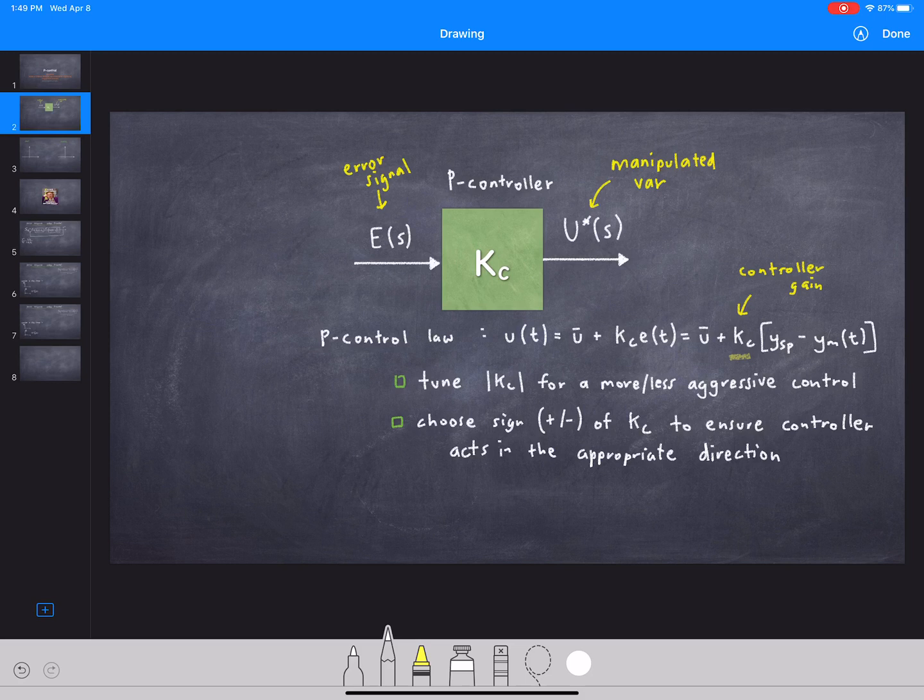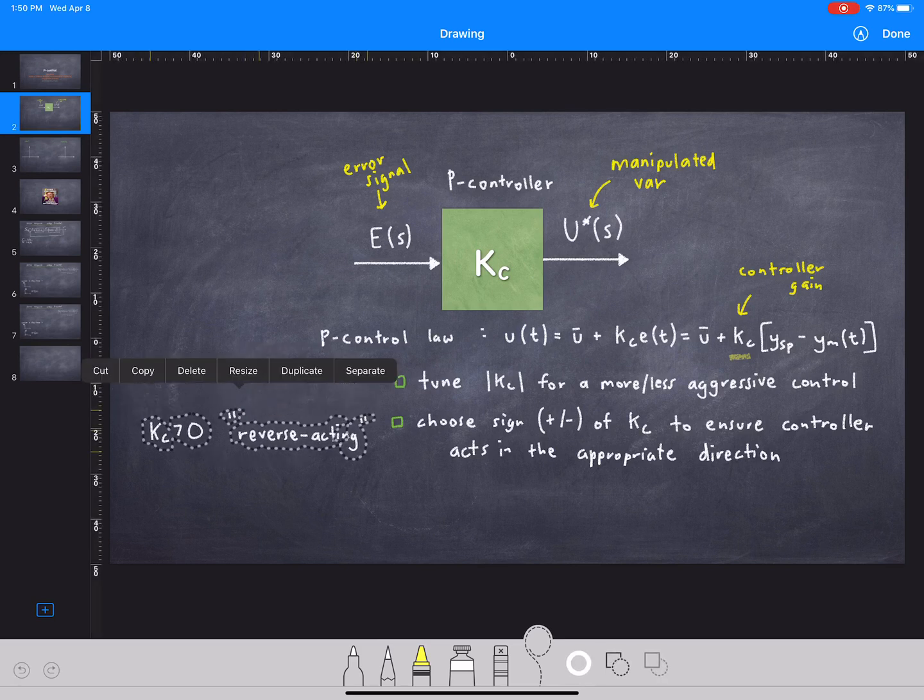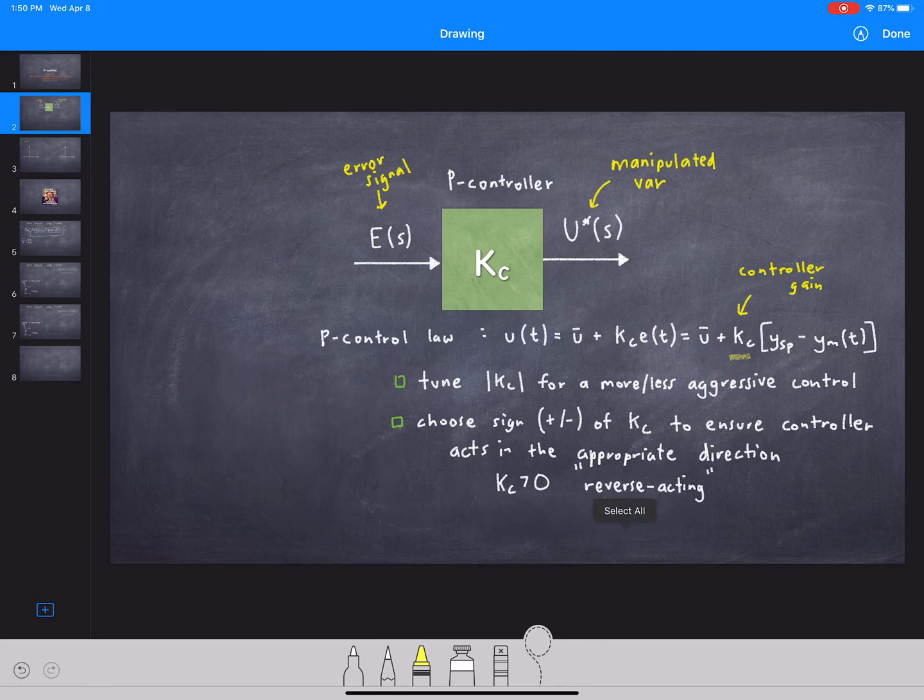Introduce a little bit of nomenclature here. If Kc is greater than 0, then it's called a reverse acting controller. And on the other hand, if Kc is less than 0, then it's called a direct acting controller.